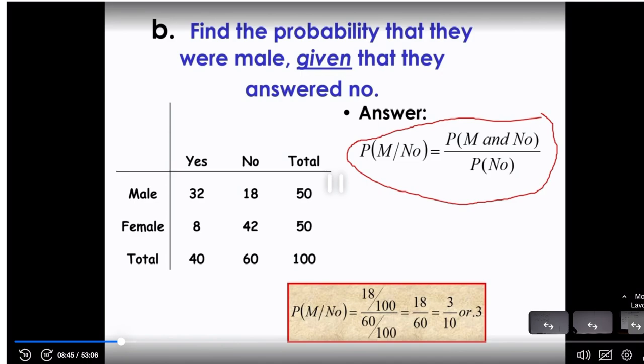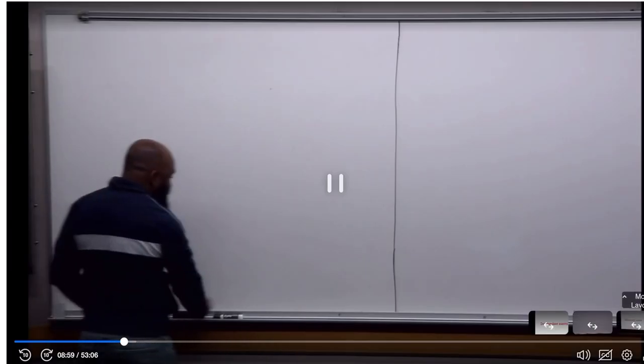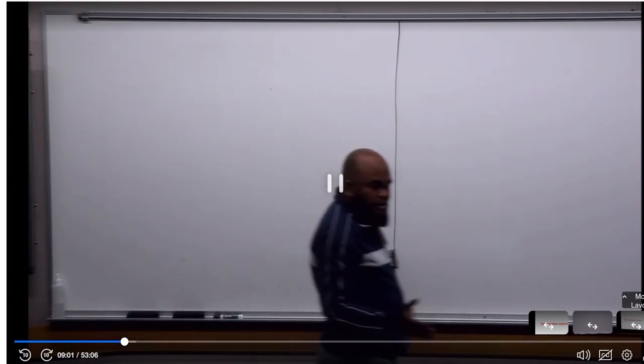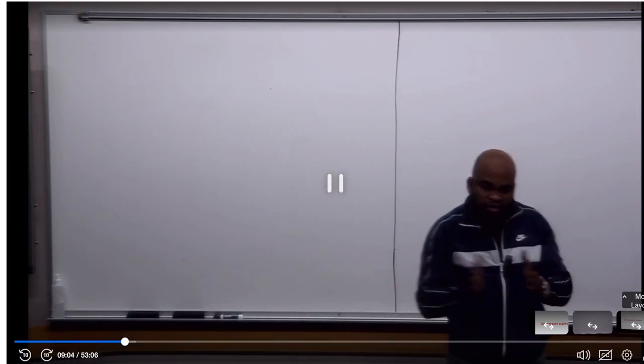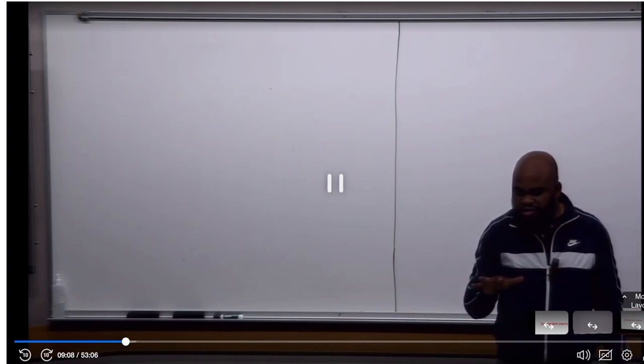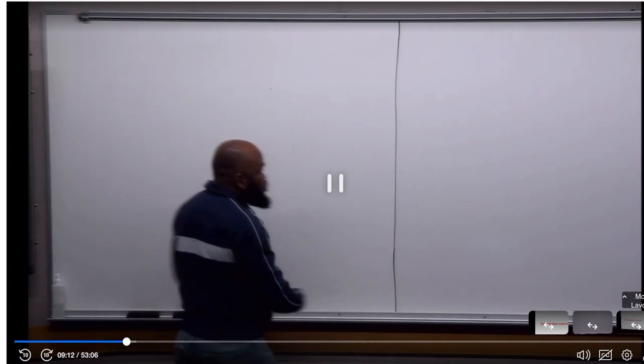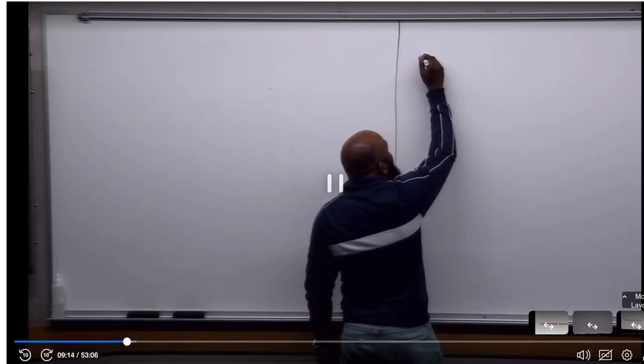Oh, good. Now, I'm going to go to the next one, independent events. I told you the other time, events are independent if they can occur together. And what is the implication? So I'm going to show you, particularly for two events.